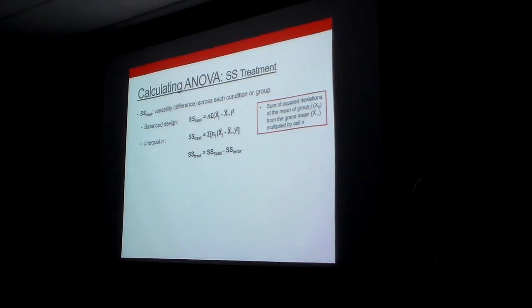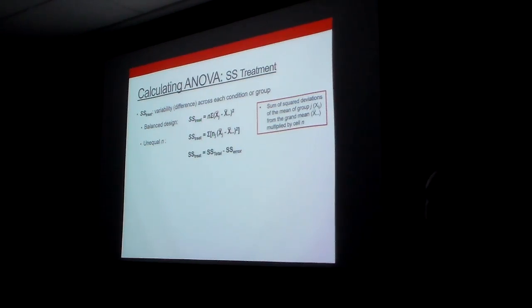And so our sum of squares treatment is going to be the variability. Variability is just a fancy term for differences, right? This is just the variability across each group or condition. And how we calculate this is going to depend on whether we have a balanced or an unbalanced design. Best case scenario, we've got a balanced design.